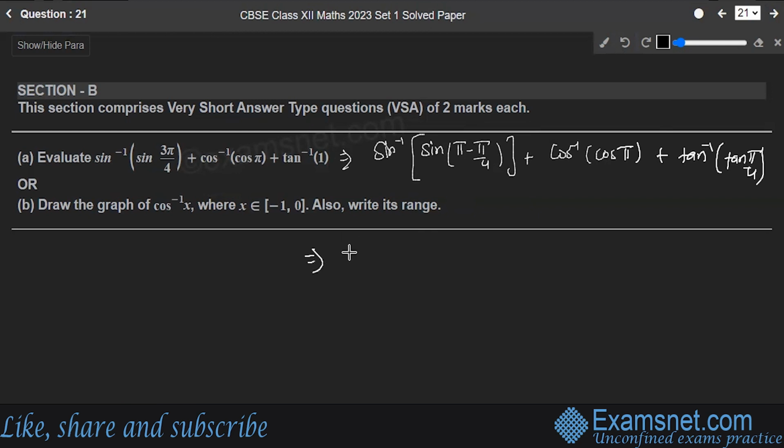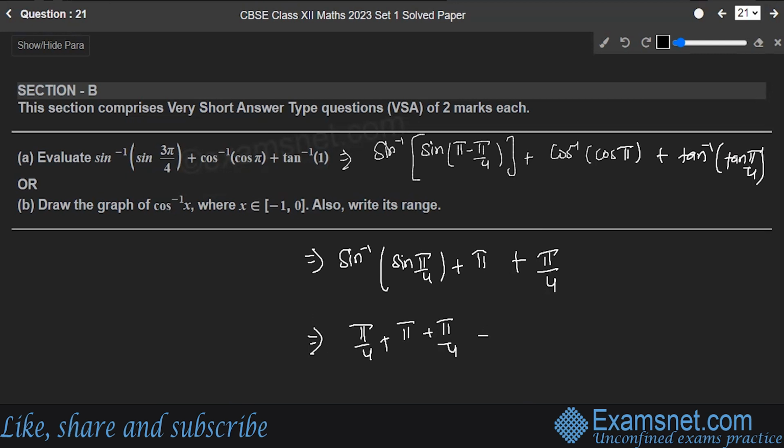So this is equal to sine inverse sine of pi minus pi by 4, which is sine pi by 4, plus cos inverse cos pi. Cos inverse cos of pi will give you pi, and tan inverse tan of pi by 4 is pi by 4. This is equal to pi by 4 plus pi plus pi by 4.